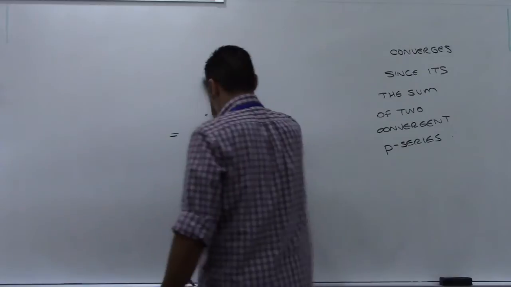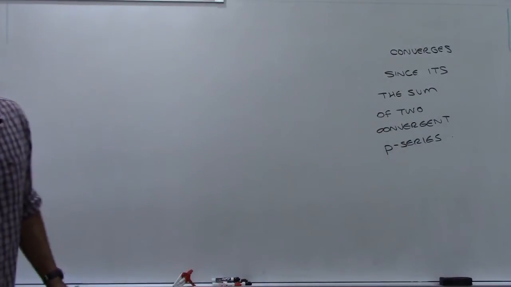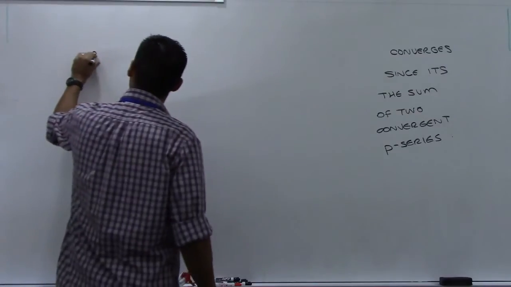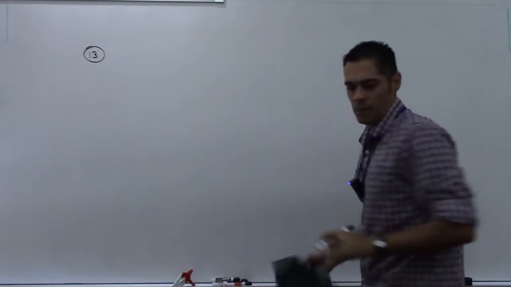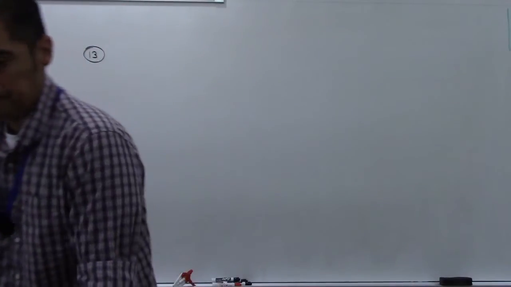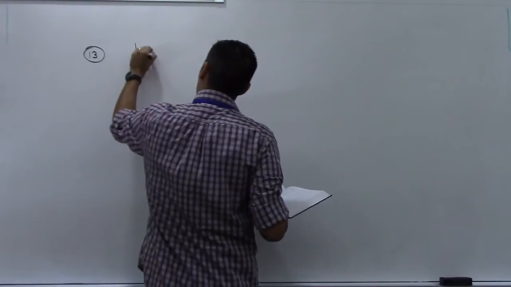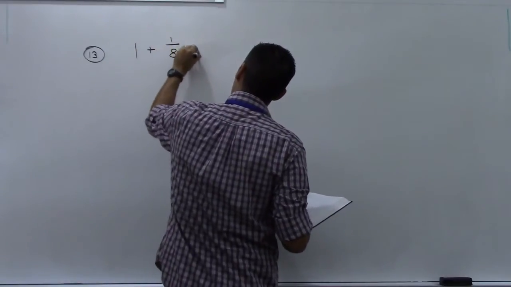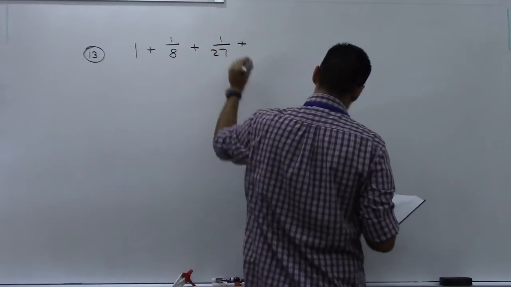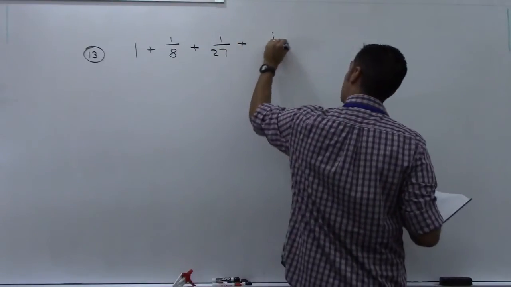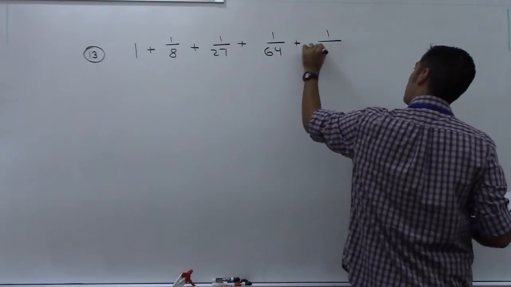Let's look at 13. Notice I haven't used a comparison test yet. Let's see if 13 I need to. All right, here we go. Now we're gonna have some fun. One plus 1/8 plus 1/27 plus 1/64 plus 1 over 125.